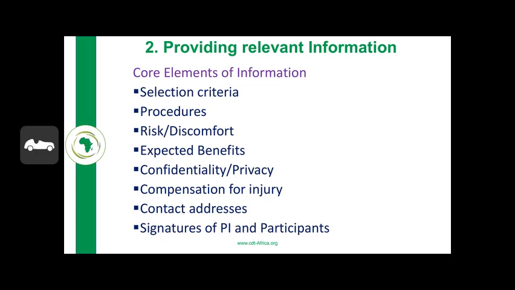Assuring the privacy of the participant is respected, providing contact addresses of the principal investigator and the chair or secretary of the ethics committee and signature of the PI as well as the participants. In some cases, if applicable, the signature of the witness could also be included.